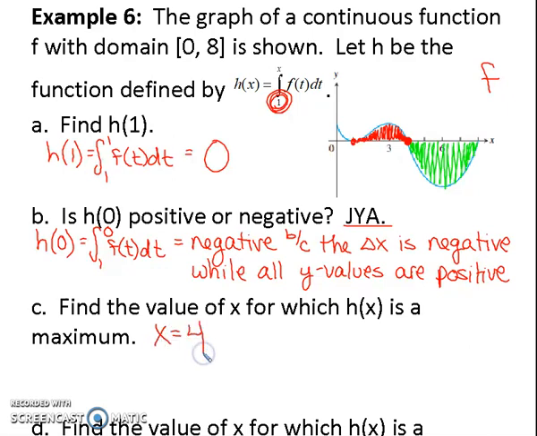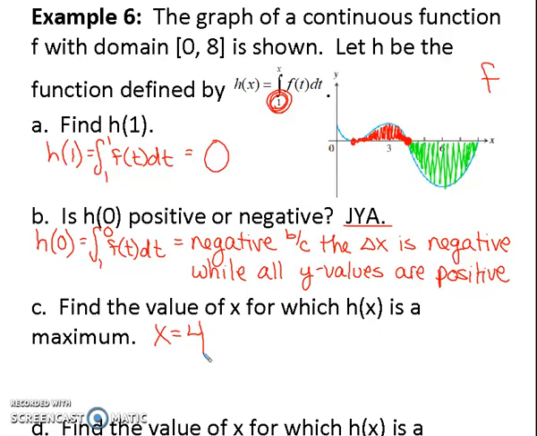Now, they didn't ask me to justify, but your justification could be because the integral from 1 to 4 of f of t dt is the most positive area accumulated. All right, then D asks the same question. I'll scroll down to it in a minute, but I want to be able to look at the graph. D says find the value of x for which h of x is a minimum. So if you use where I've shaded here, when we start at 1 and then we get to 4, we're at our maximum positive amount.